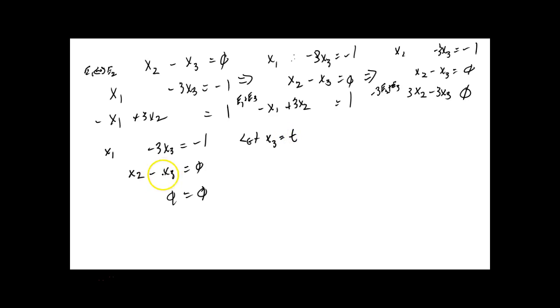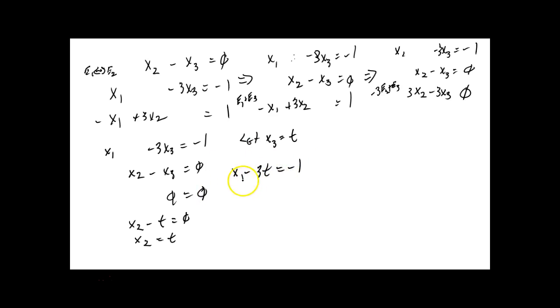Now, plug that in here. Well, this says x sub 2 minus T equals 0. So what can we do there? X sub 2 is also equal to T. Okay? And then plug that in, also plug it in up here, and you have x sub 1 minus x sub 3, which is T, minus 3t is equal to minus 1.